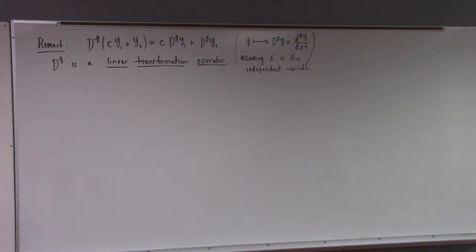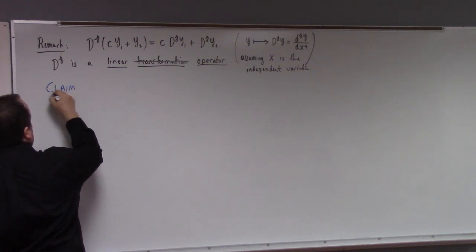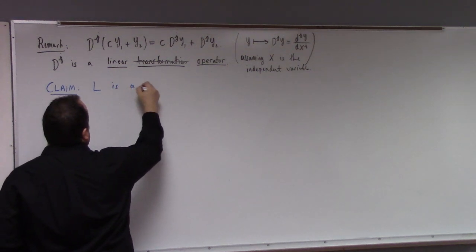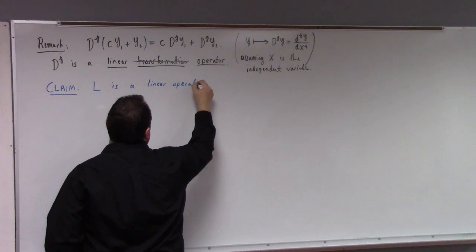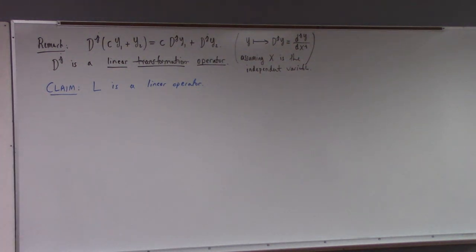Now, claim: L is a linear operator. All right, because the formula for L is built from a sum of linear operators, we can prove that in fact L is a linear operator.